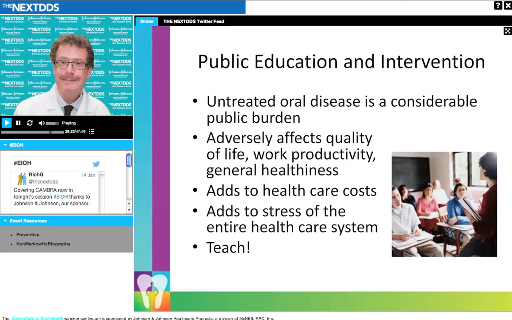What are the alternatives? What are the other types of care models that we might be able to embrace on some level in order to try to reduce this burden of dental need out there.